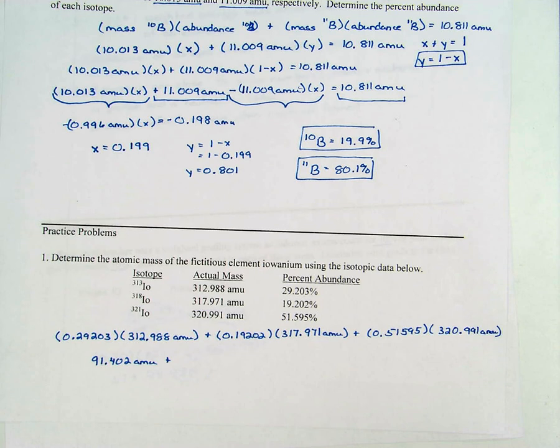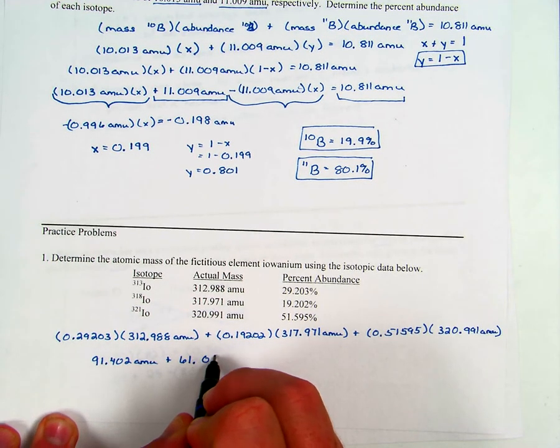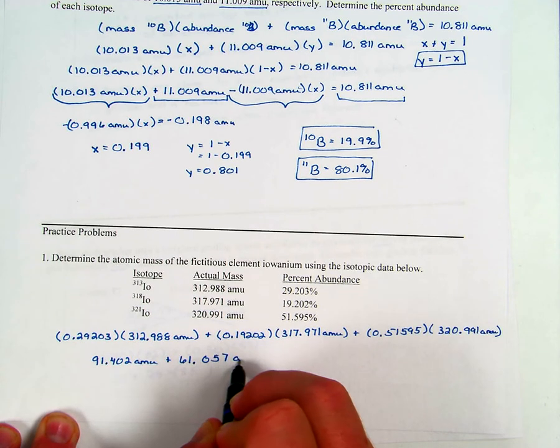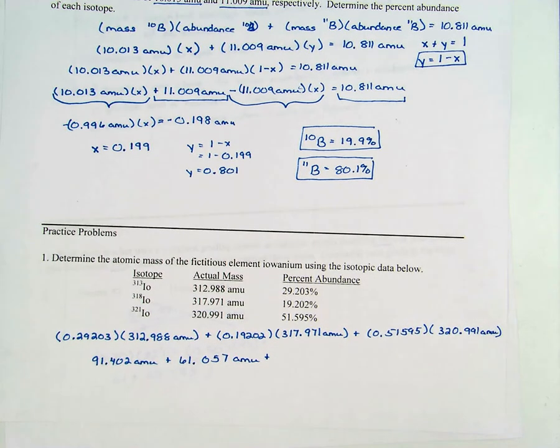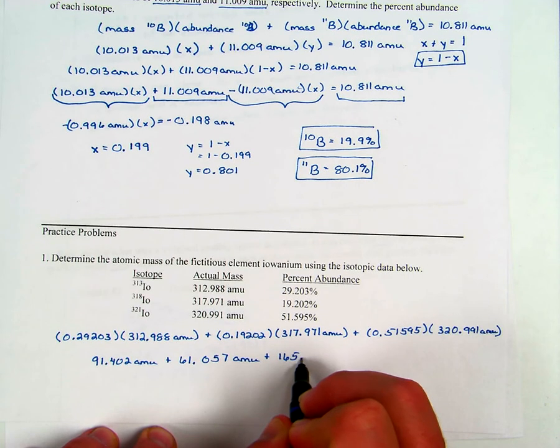For the second one, I get 61.057 AMUs. For the third one, I get 165.62 AMUs.